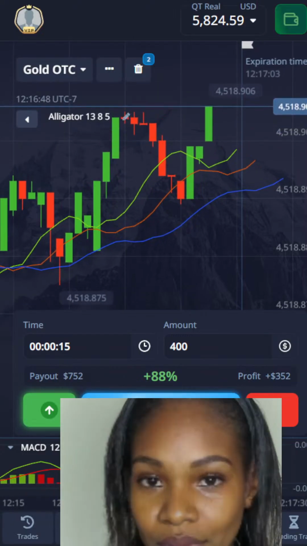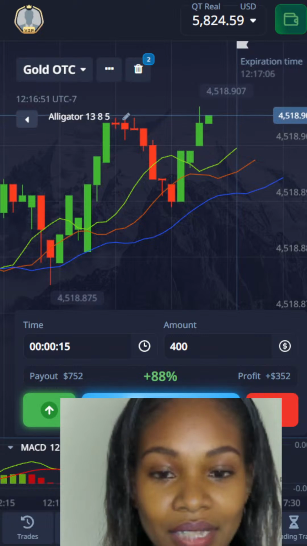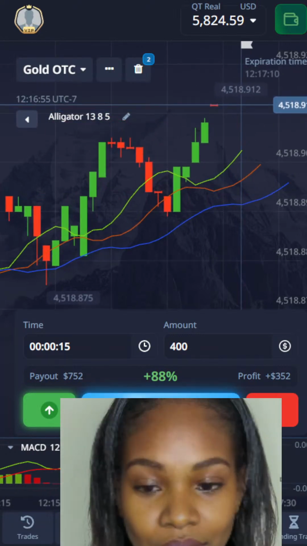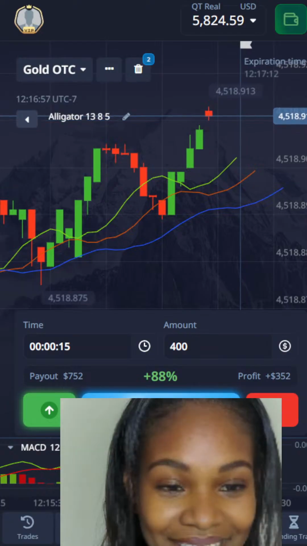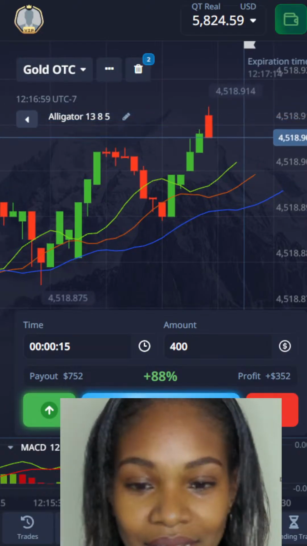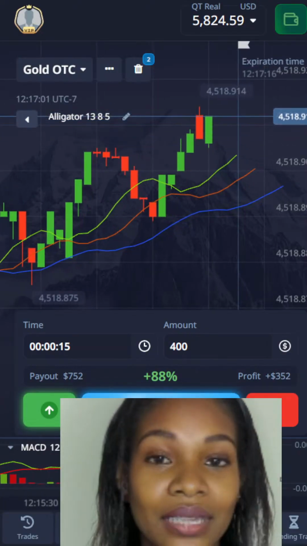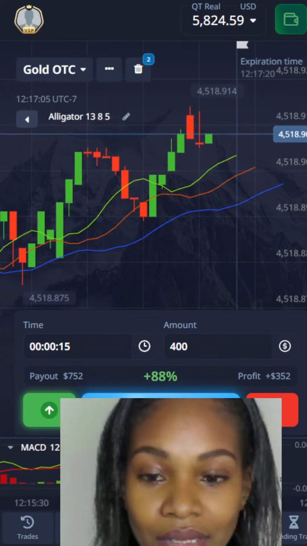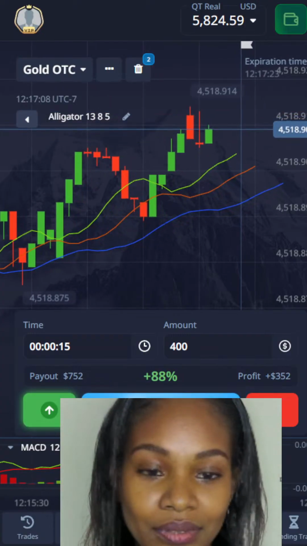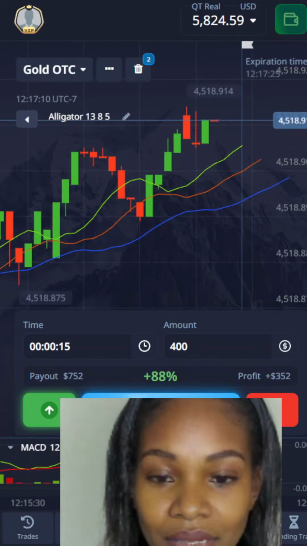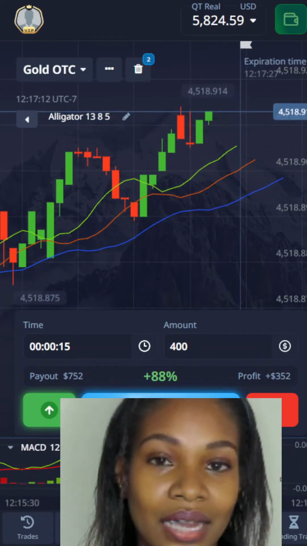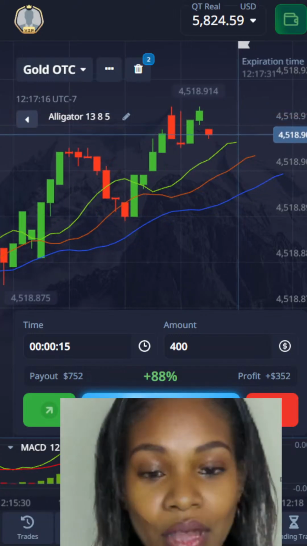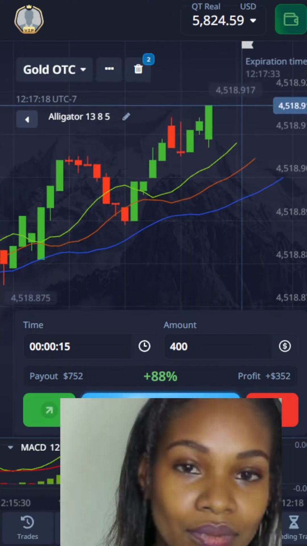So when we talk about market structure, these are some of the things that you have to keep looking out for, that you have to keep understanding. And when you are in an uptrend, it's amazing for you to keep trading with the trend. Okay, I know we have those points where we can sell, because when we are in an uptrend, it does not only mean that the buyers are in the market, but we also have a few sellers who are there.